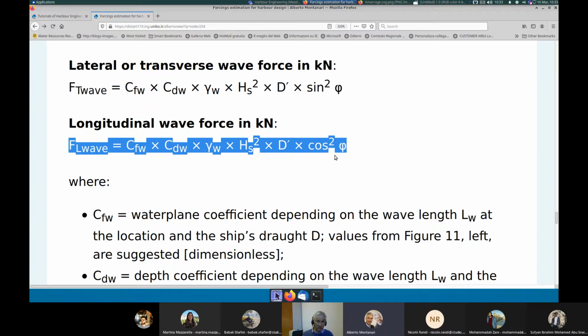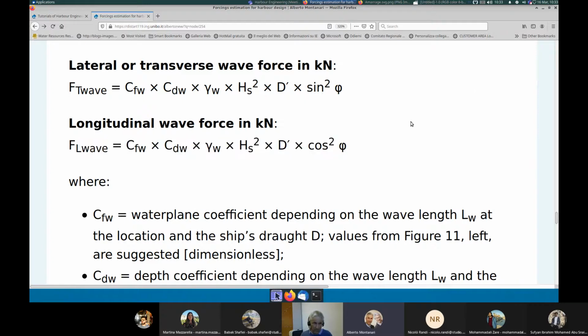Everything is the same, with the difference of the final factor, which is now cos square, not sin square. So cos square phi. It's very simple. So basically, you reduce the wave forcing to only one force, which has the direction of the wave direction.